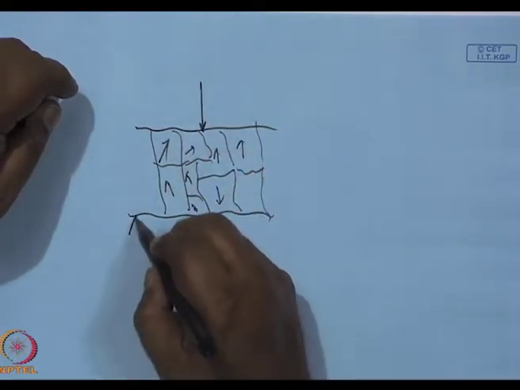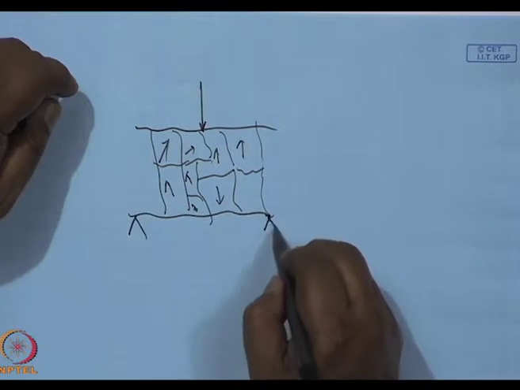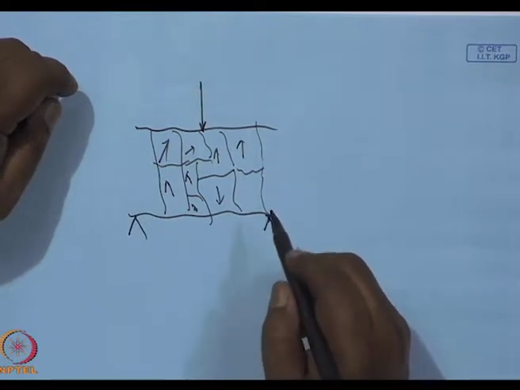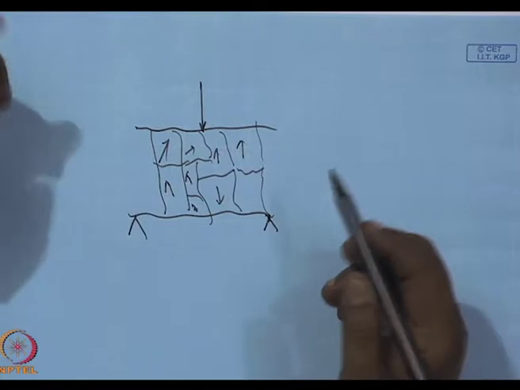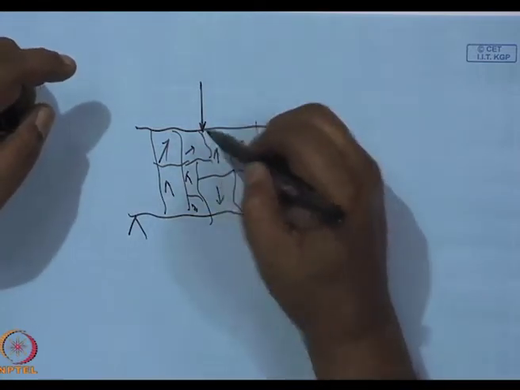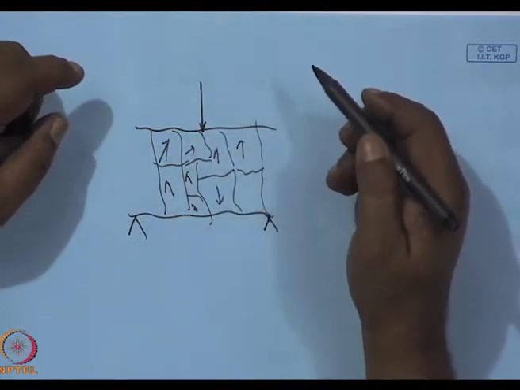It is supported at this end and supported at this end. As we impose this force, what happens? First, nothing happens. And then the energy that we are giving essentially gets stored in it.